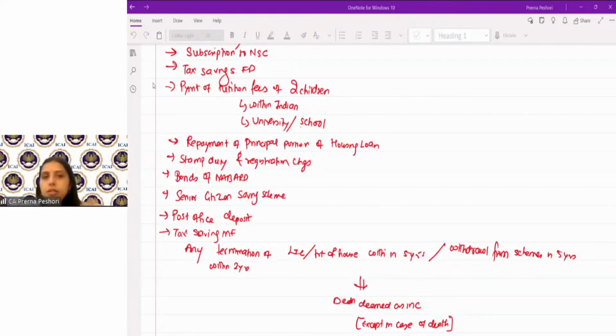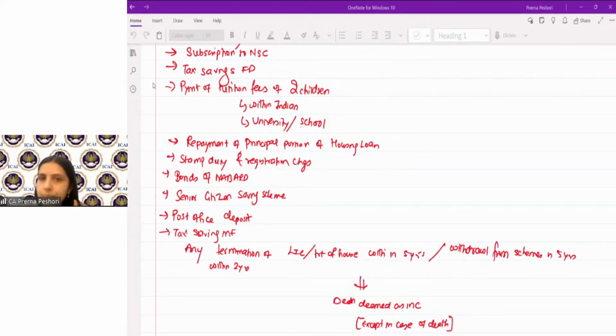Now, the point is that, as I said, for the ULIP, if the premium exceeds 2,50,000, then the deduction is not available to me. And for the normal insurance premium, the amount of premium should not exceed 10% of the capital sum assured.